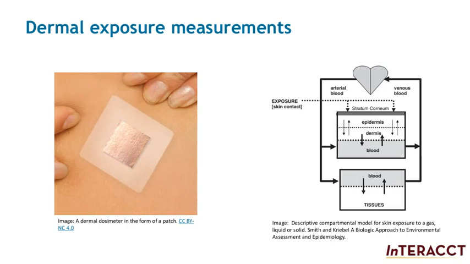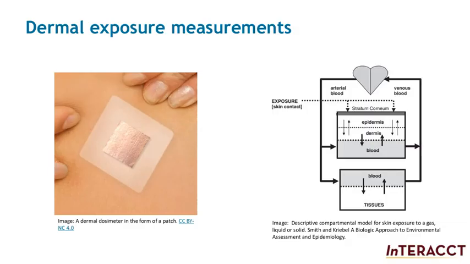Measuring dermal exposure is more complicated than measuring inhalation exposures. In the figure on the left, a dermal dosimeter in the form of a patch or pad is used to intercept the contaminants that would otherwise deposit on the skin. The figure on the right represents the complex path that chemicals must take from the stratum corneum on the surface of the skin through the epidermis and dermis layers before reaching the bloodstream.